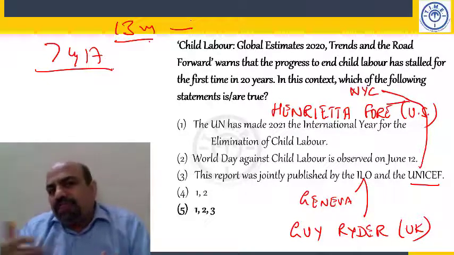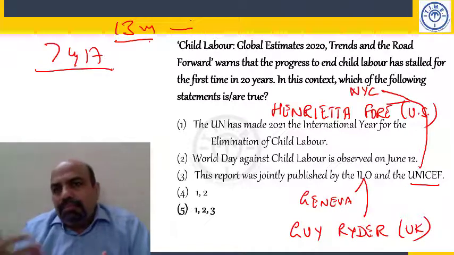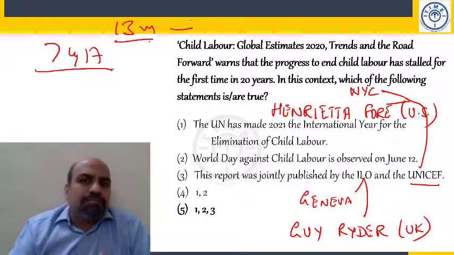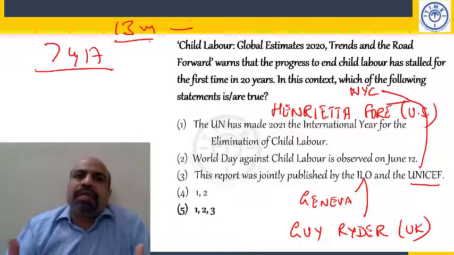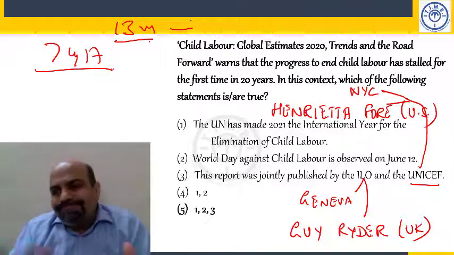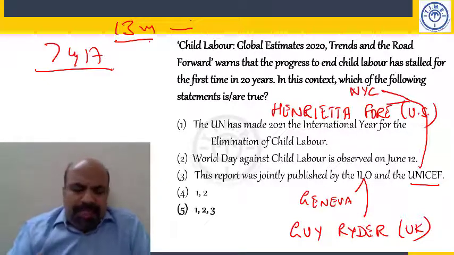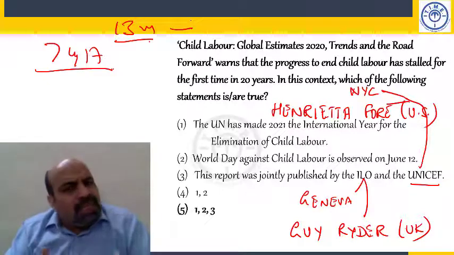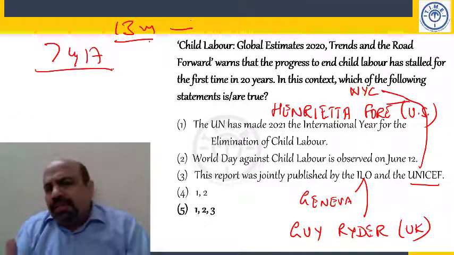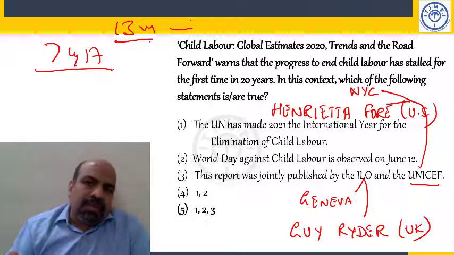So instead of letting the kid study, learn, they send the kid to work so that the kid earns money. People are desperately poor, my friends. Millions and millions of Indians are desperately poor.